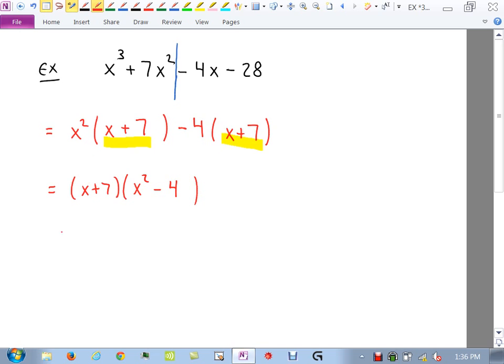So I'm going to rewrite the next line as x plus 7. I like to use those parentheses. X squared minus what squared? 2 squared, right? So I'm realizing that 4 really comes from squaring 2. And then by doing that, I can recognize what A is, and I can recognize what B is.